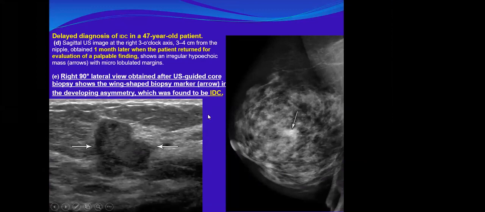Biopsy was done, and it was invasive ductal carcinoma. See, this is the straight lateral performed after biopsy. It demonstrates the post-biopsy clip within the corresponding area of developing asymmetry.